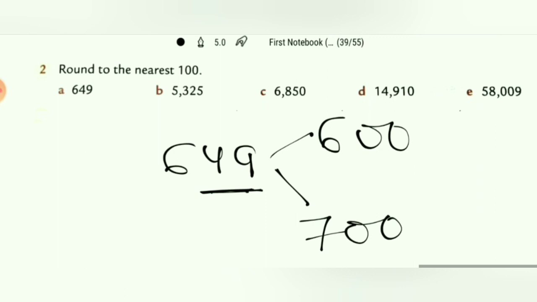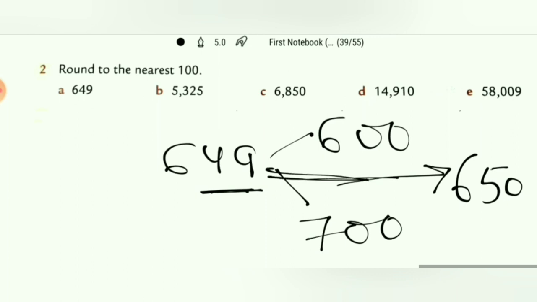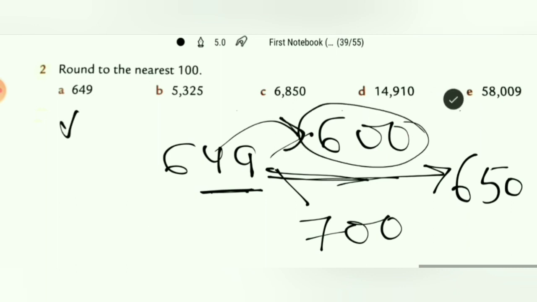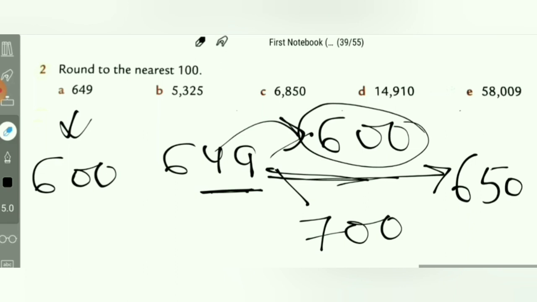So the middle value is coming what? That is 650. But our question is 649, so the answer is nearest 600. Done.